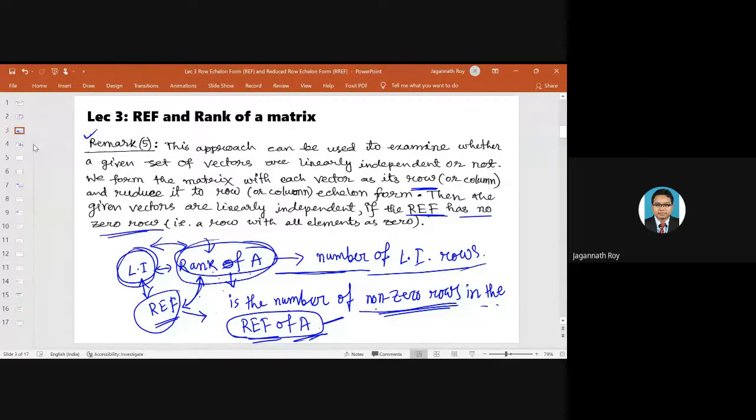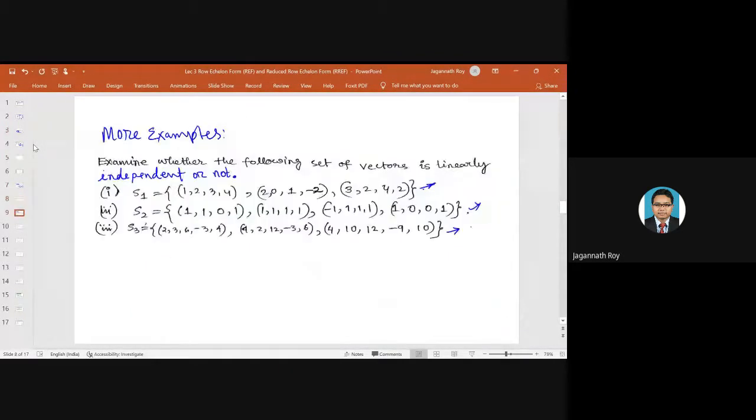Okay. In the first class, we have seen that if we are given some vectors, we take the determinant of the n by n matrix. If the determinant is non-zero, then we call it a linearly independent set of vectors.